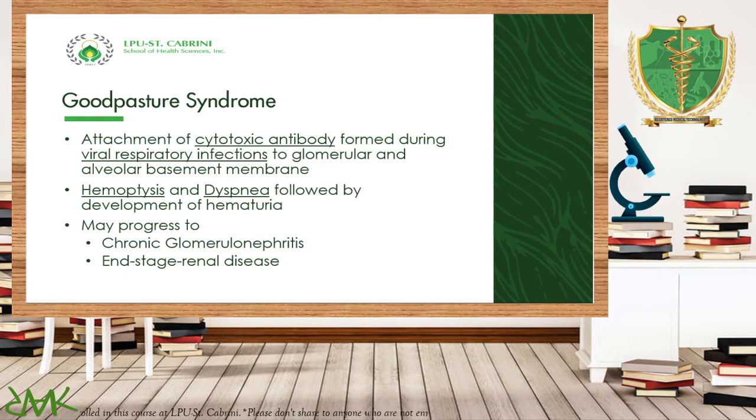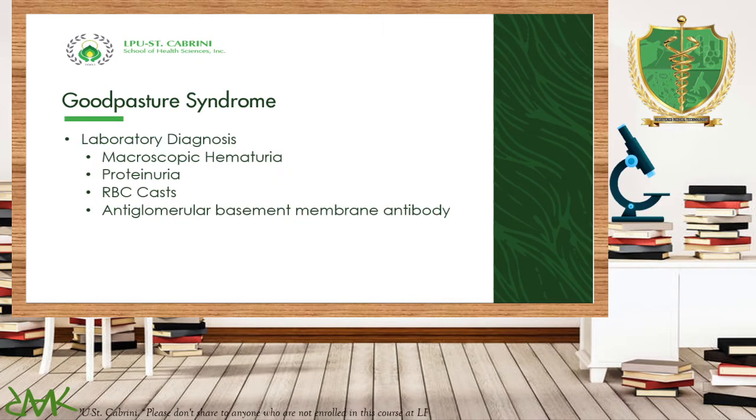Now remember guys, ESRD. Now how about, sir, the laboratory findings for Goodpasture? It includes macroscopic hematuria, not only microscopic. Of course, microscopic is included, but there is also macroscopic hematuria, meaning to say, there is an observable amount of blood in the urine, which causes red colored urine.